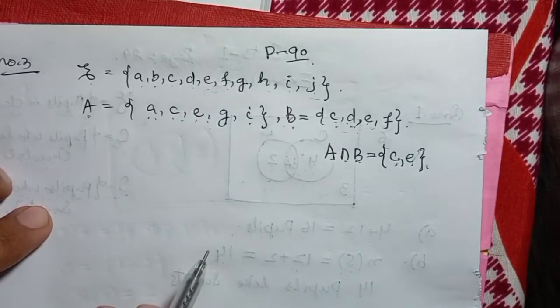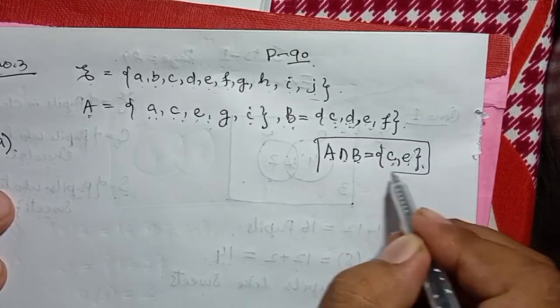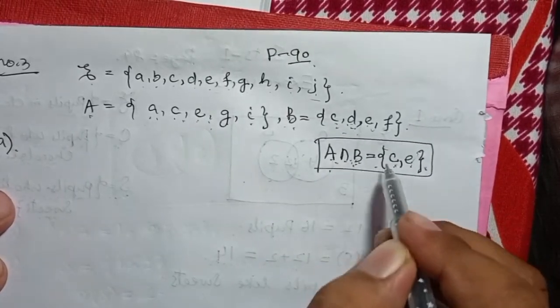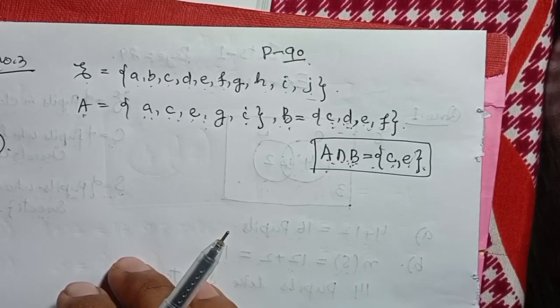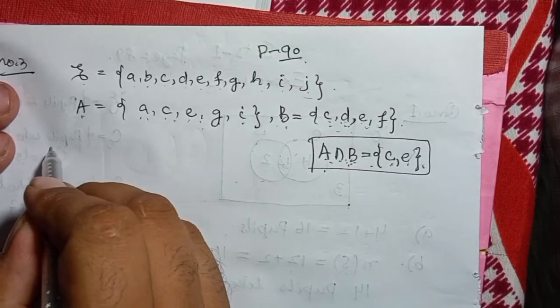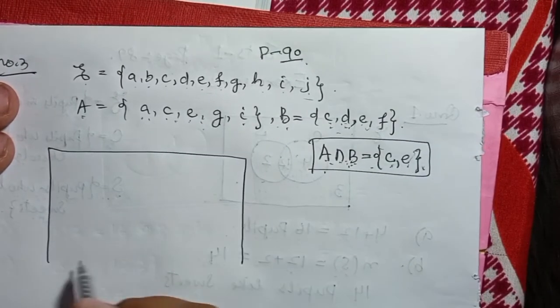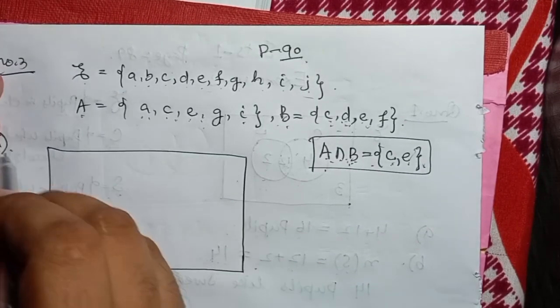Now you can see, roughly, I am doing this, A intersection B. The first part of the question is to show this information on a Venn diagram. So we will first form a rectangle, because in a Venn diagram we have to show the universal set.